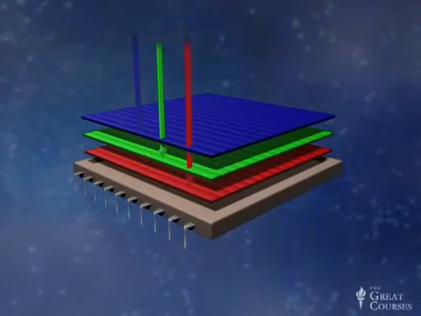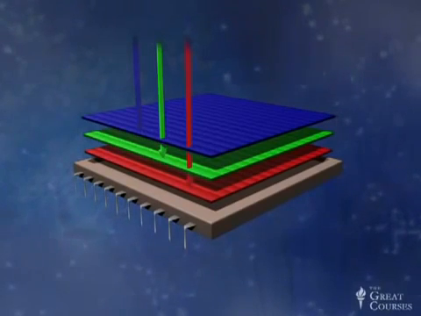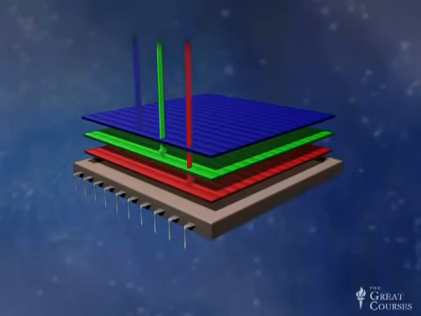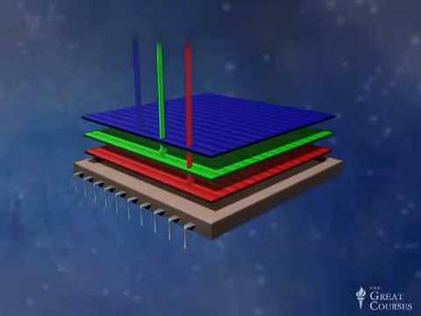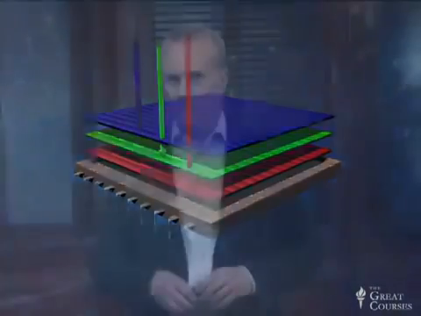It doesn't just filter them, it detects them, but it also filters them, passing the green, and then a green light sensing layer detects the green photons, and then passes the red, and then a further layer beneath absorbs and senses the red. You can think of this as kind of a perfect pixel, because rather than sacrificing photons, sacrificing information to the cause of sensing color, it makes the best use of every available and precious photon.